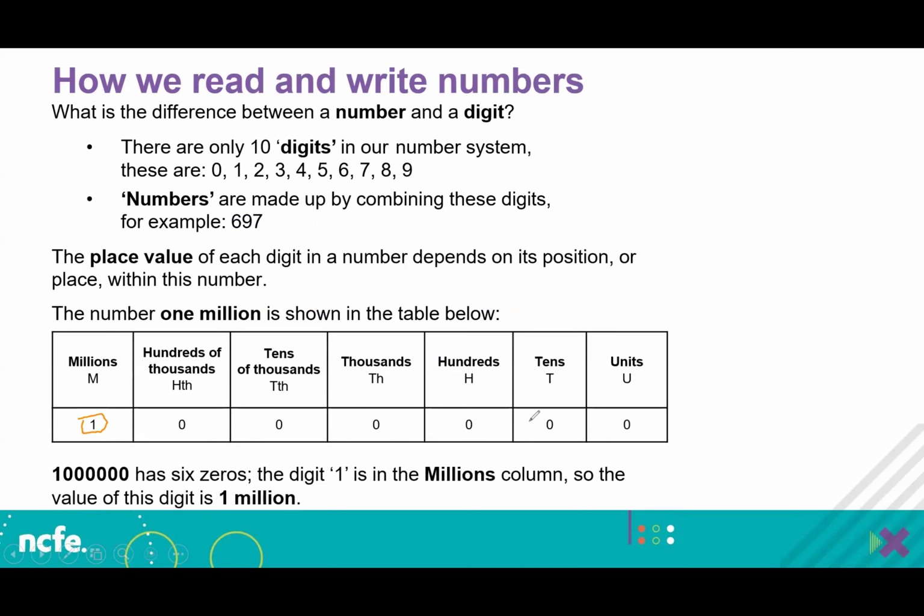So that equals 1 million. 1 million has 6 zeros. The digit 1 is in the millions column, so the value of this digit is 1 million. For example, if this had a 1 instead, the value would be 1,100,000.